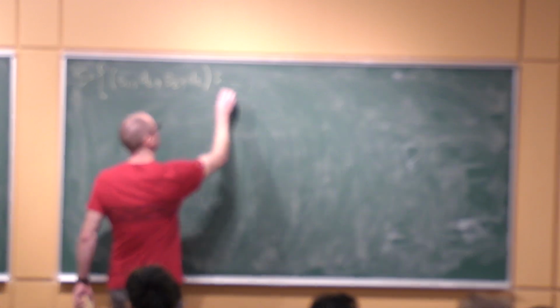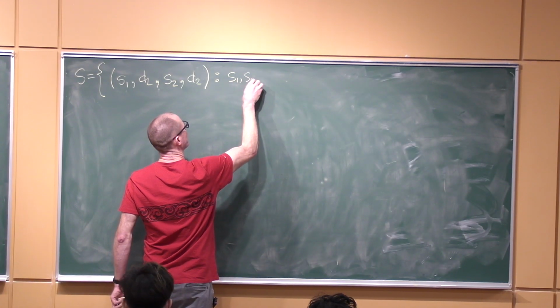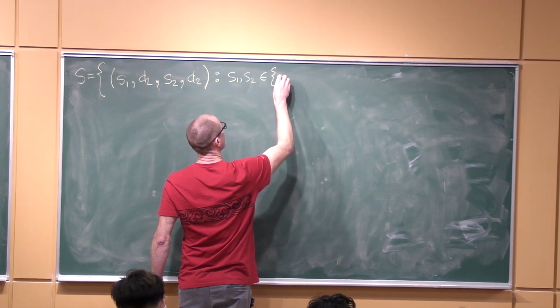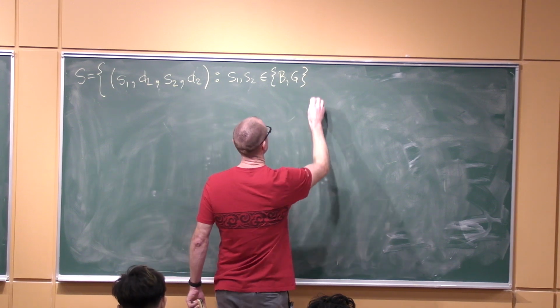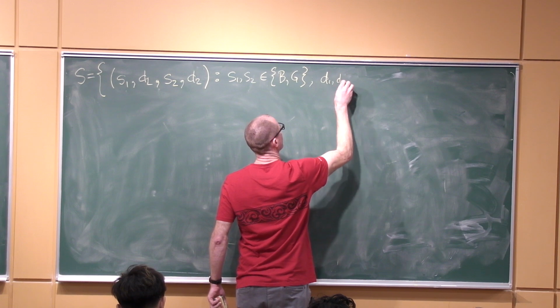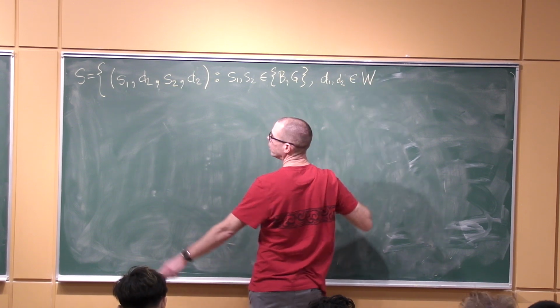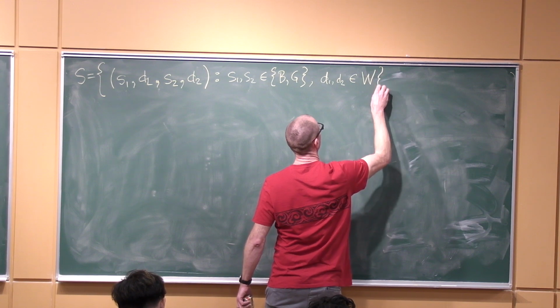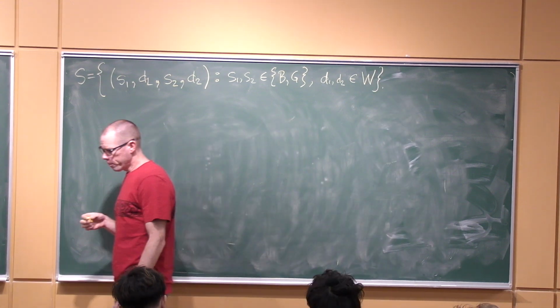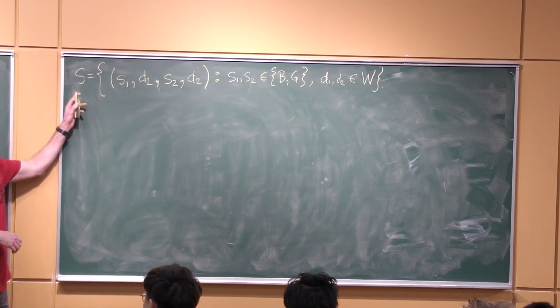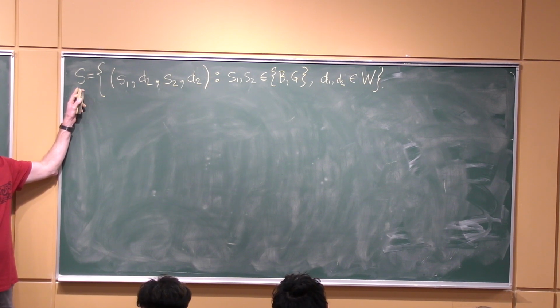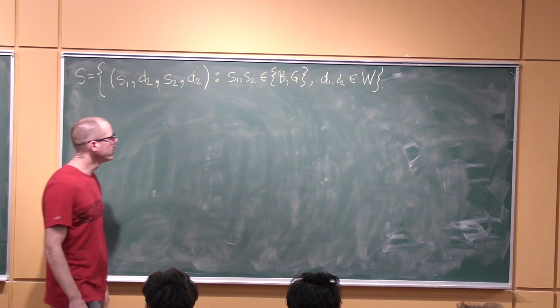The sexes must be B for boy or G for girl, and the days of the week have to be from this set W that I wrote over there. As usual, we're assuming everything is uniformly random. So when we want to compute probabilities involving subsets of S, the size of S will always show up in the denominator. So let's get that figured out.